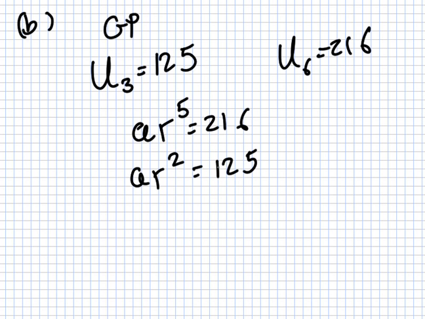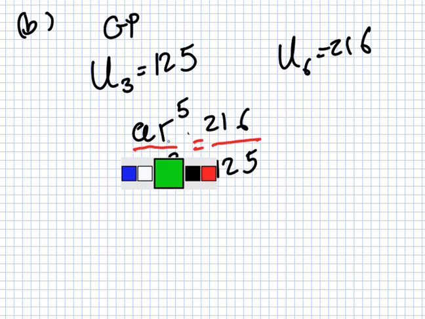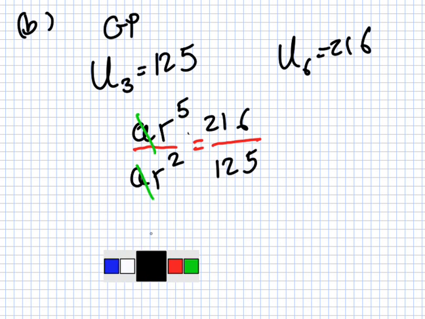Are we okay with that? And we're looking for a and r. So what's the best way to solve these two equations? There's a trick here. It's a type of elimination, but we don't add or subtract. We divide them. So when we divide, they cancel, and here we have r cubed.